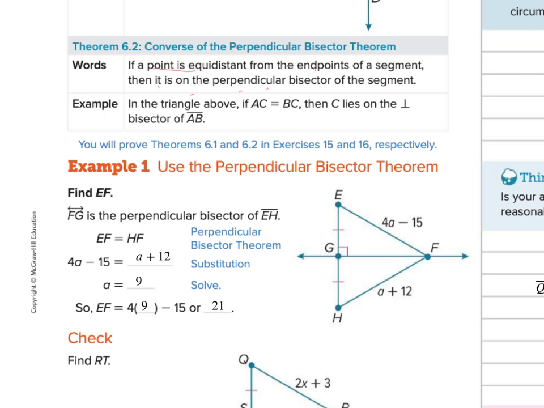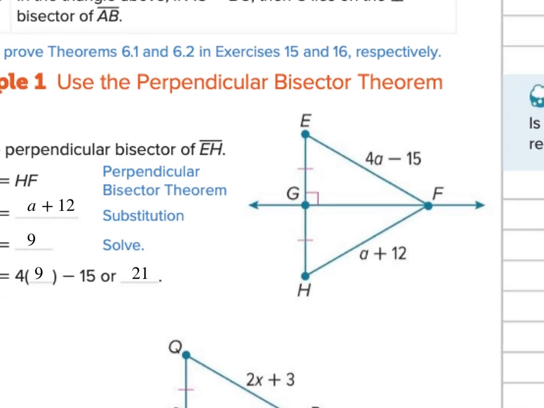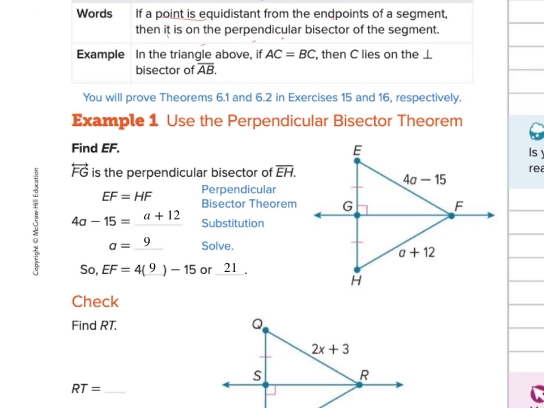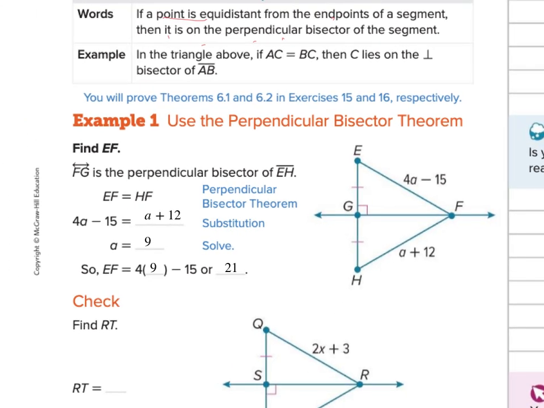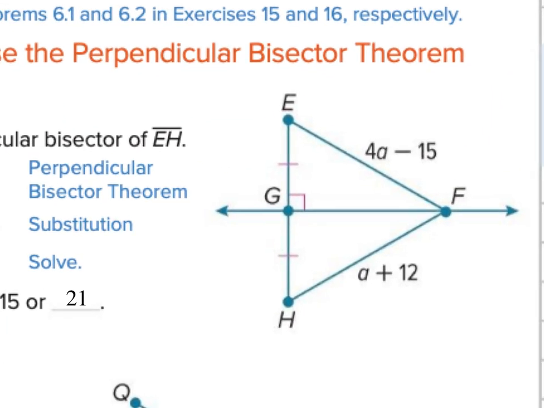Using that perpendicular bisector, FG is the perpendicular bisector to EH. So again, we know that this is equal to this. We know that we have congruent angles here, and I know that this is equal to itself. So those two triangles are congruent. Therefore, I know again that those two pieces are equal.